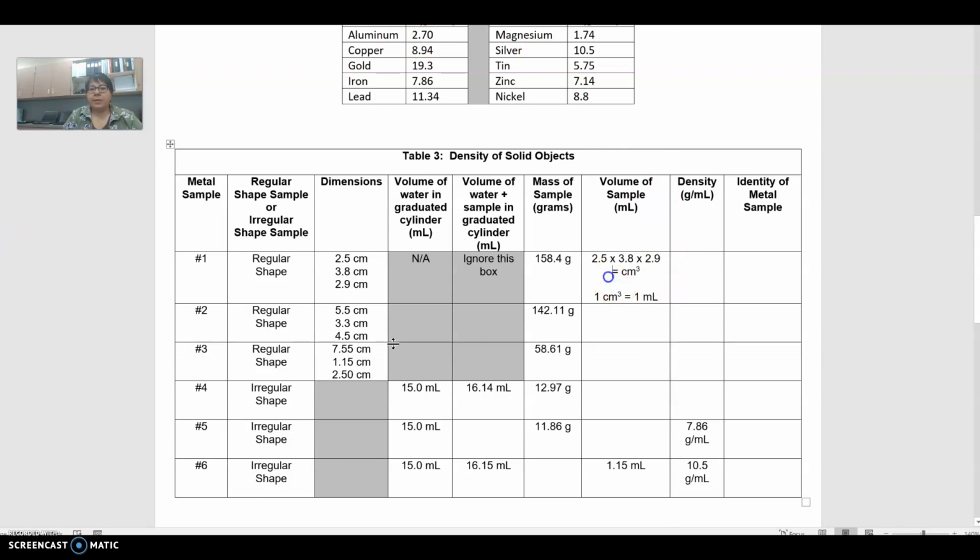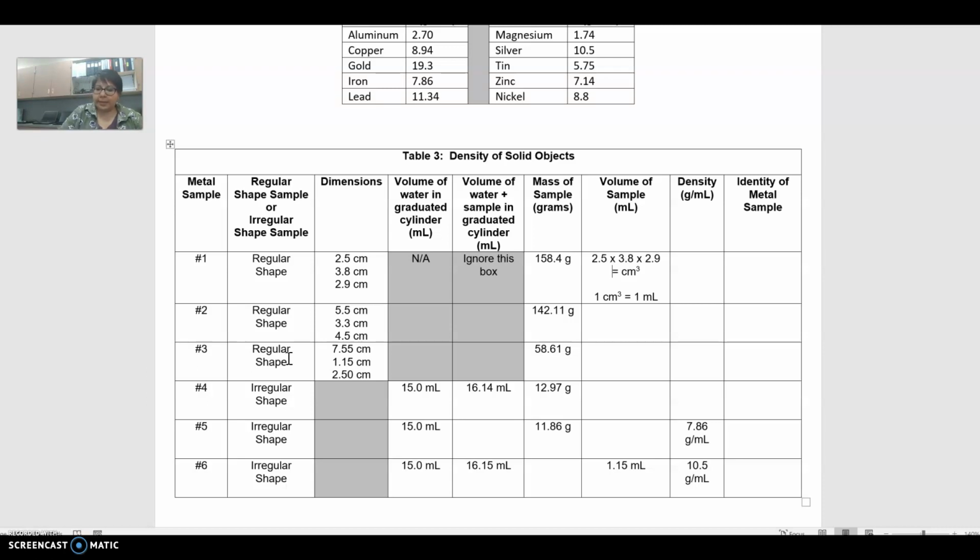So if I was measuring the volume of this particular sample, I don't have a calculator on me. What is that number? 2.5 times 3.8 times 2.9.